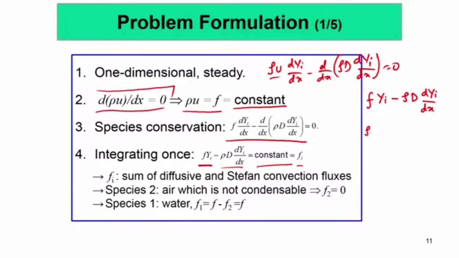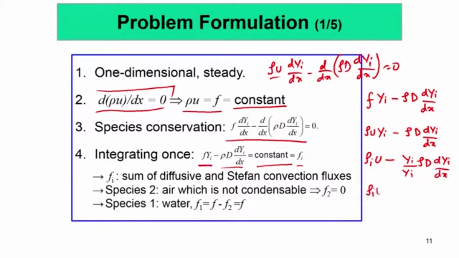We can write this f as rho u times yI minus rho D dyI/dx. Now rho times yI I can write as rho I, times u, minus yI by yI times rho D dyI/dx.